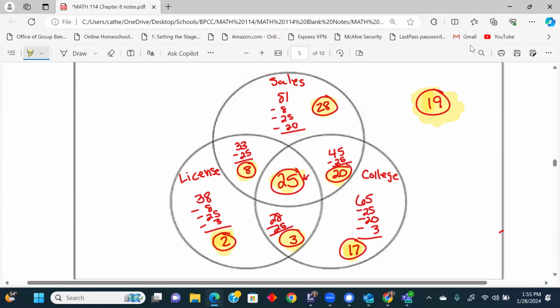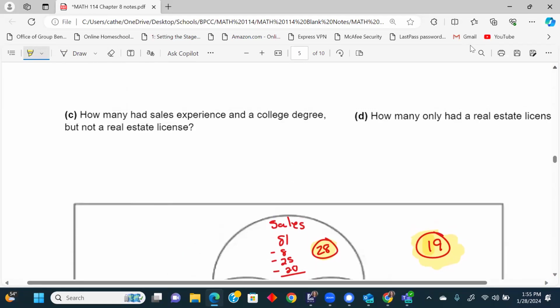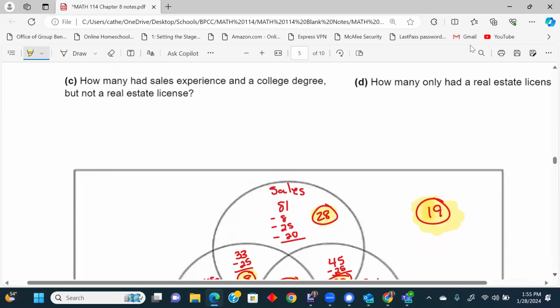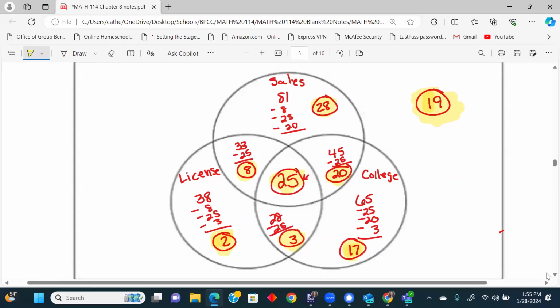Alrighty, all this information. So now I'm going to answer the questions. Don't get overly concerned about the questions. Get the diagram set up and then go through the questions. How many applicants were there? Let's look at that. So all the numbers that are highlighted, add those up.